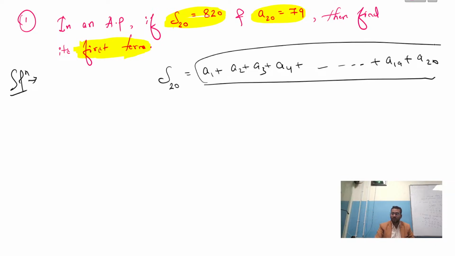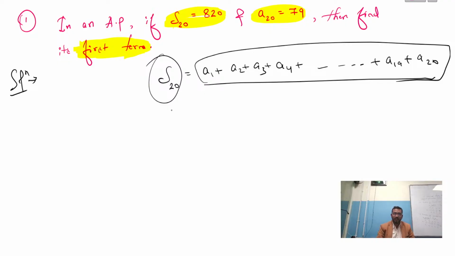If we add all these terms, first term plus second term, we don't know what the first term is, what the second term is, what the third or fourth term value is, and so on till the 20th. If you add all these terms, the answer we get is called S20. The meaning of S20 is the sum of all the 20 terms.